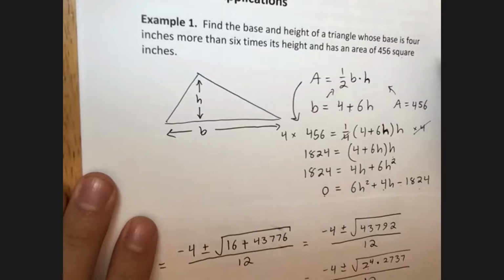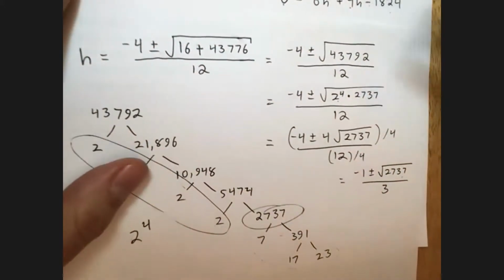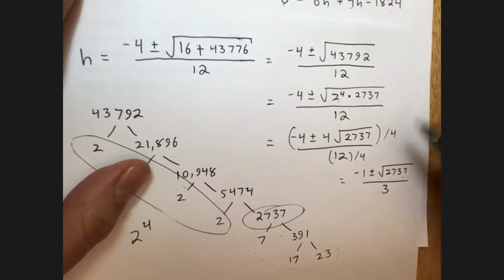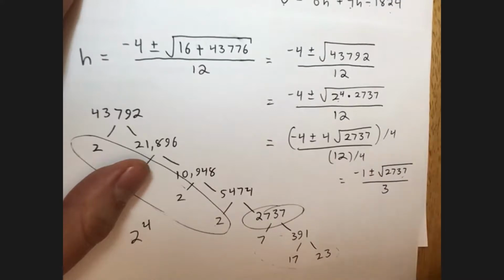So what we were finding here was h. H represents the height, right? So let's look at these 2 answers. If I take -1 and subtract this positive number, I get a negative number. Can the height of a triangle ever be negative? No. So while I got 2 solutions here, only one of them makes sense.